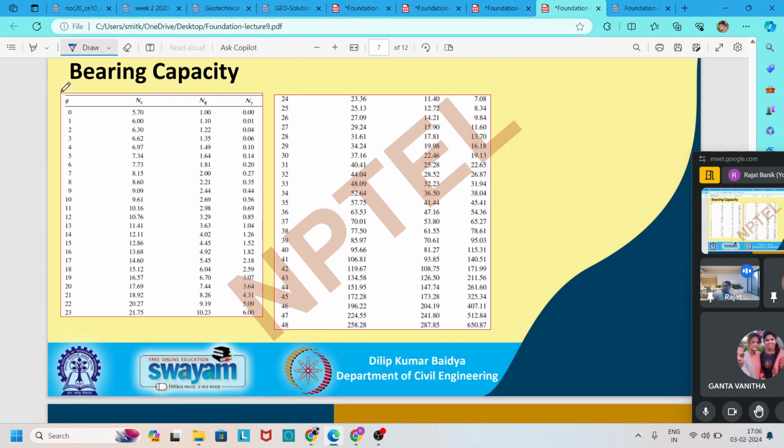So here some charts are given based on different values of the angle of internal resistance of the soil, that is phi. For 0 degree, you should remember this, it is important.